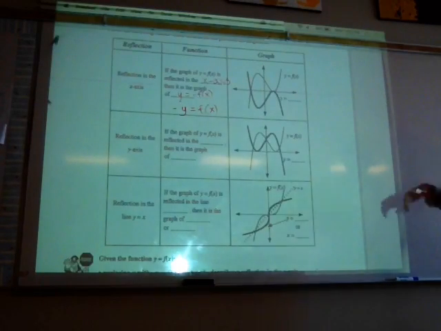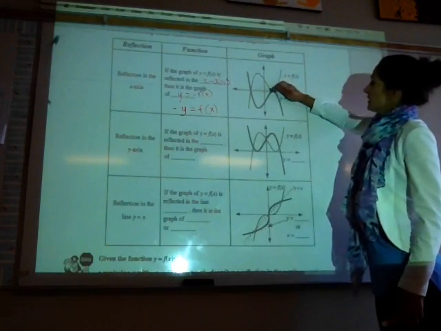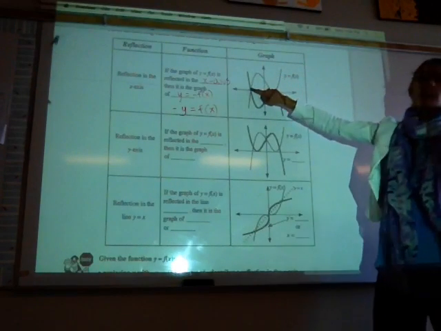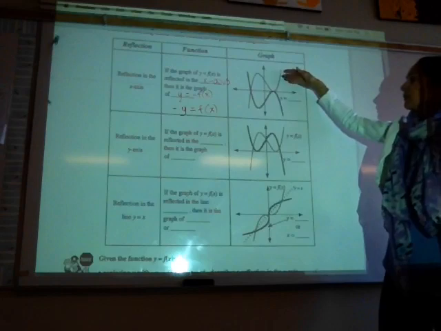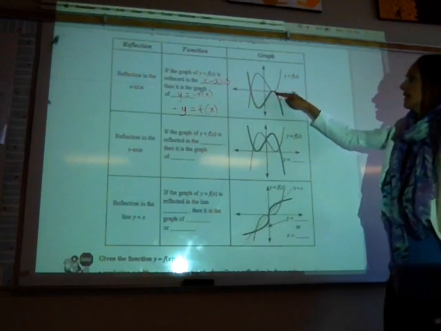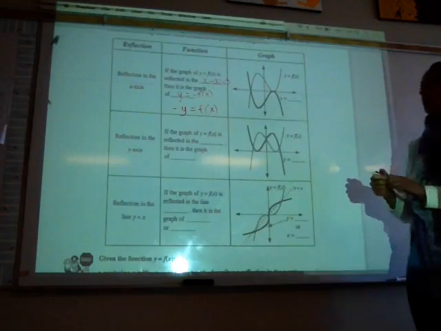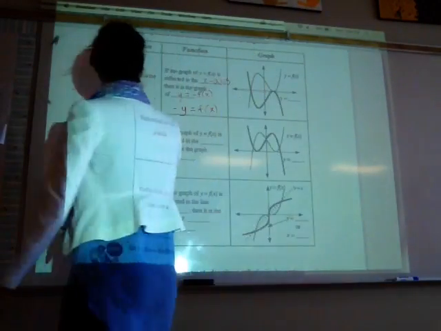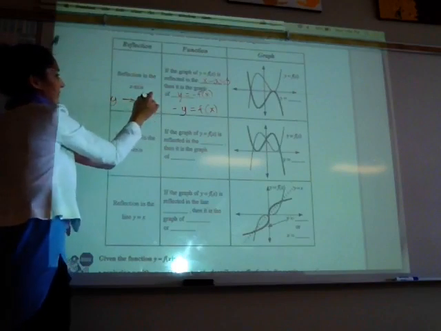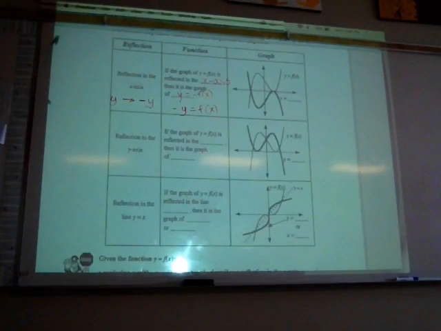So notice that if we take a look at the original graph, the thin line, if we have positive y-coordinates, so anything above the x-axis, when we reflect them over the x-axis, now they are negative. So the y-coordinates change. Another way to write this is in replacement notation. The y values become negative y values.